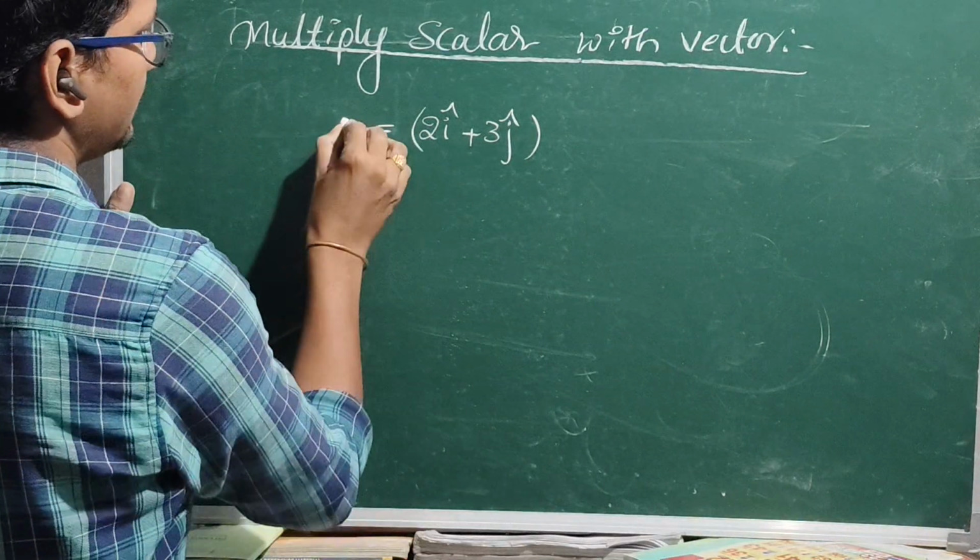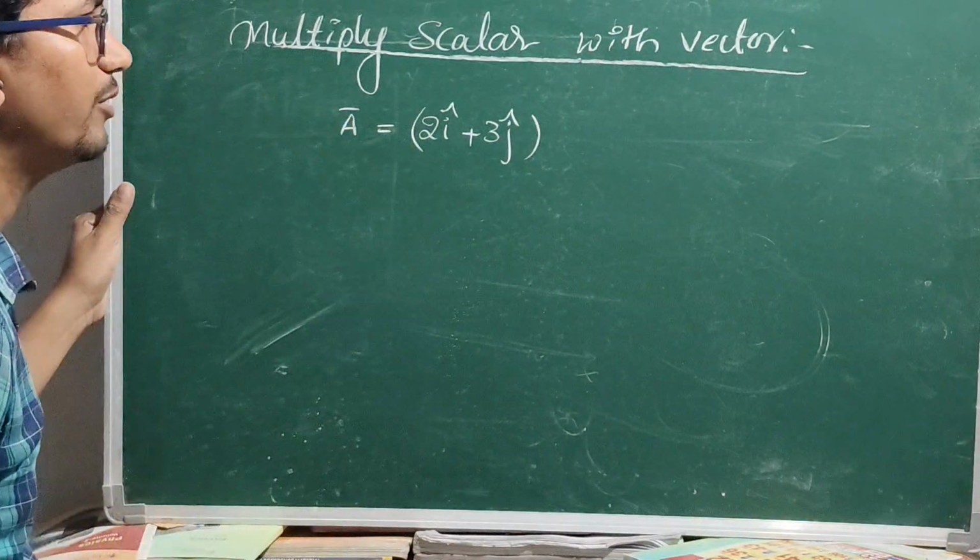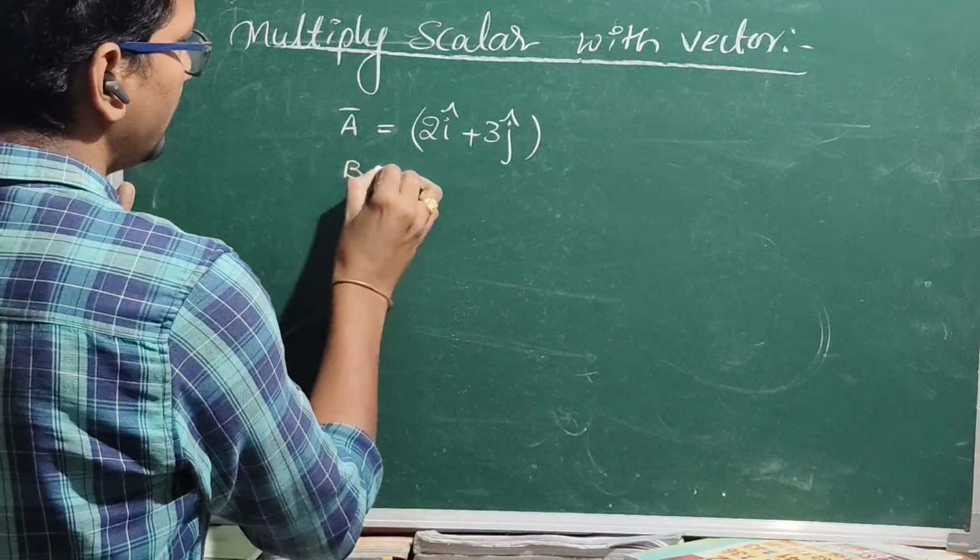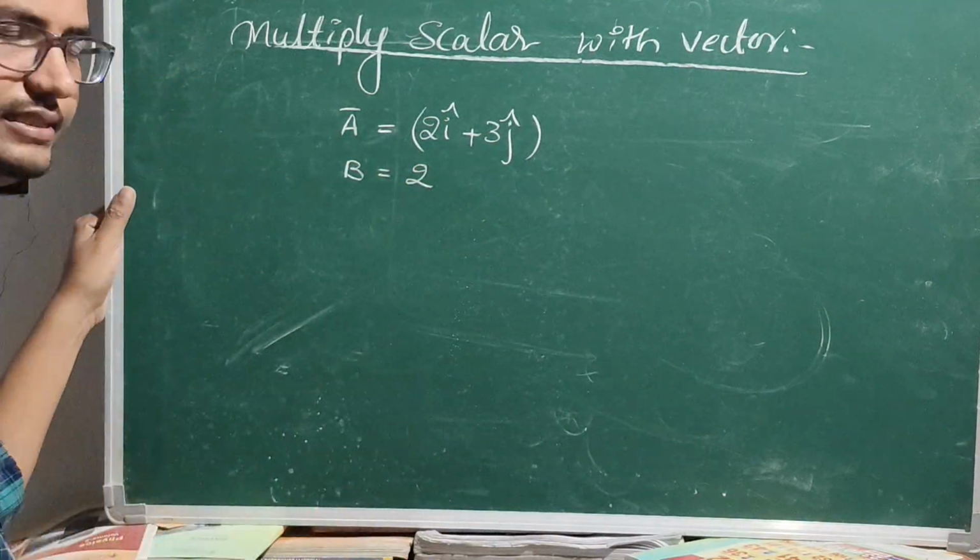This is the vector quantity, that is a bar, and the magnitude b is equal to 2. B is equal to 2.